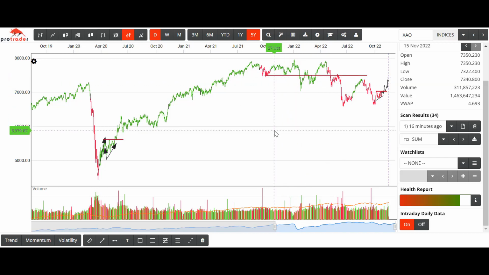We have a query that I'm going to attempt to answer regarding the trend channel indicator and the bar trend chart of our own making.